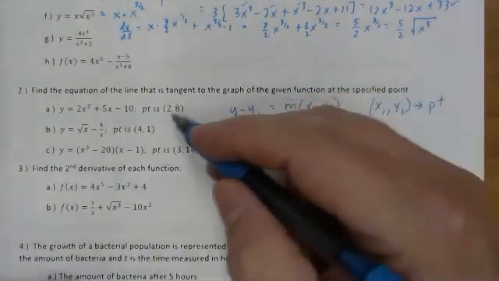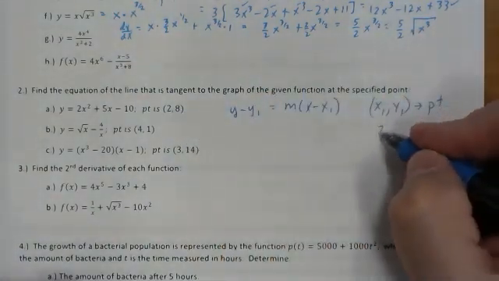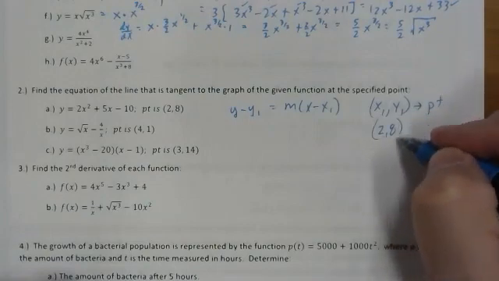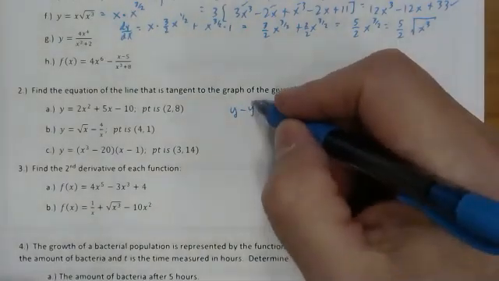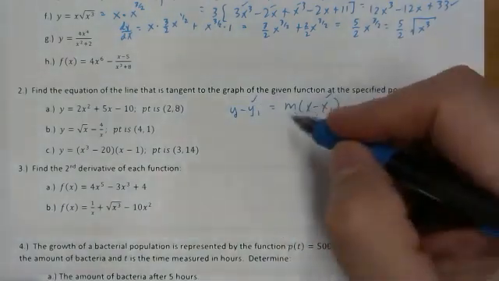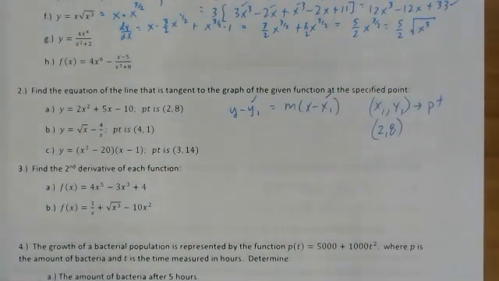So we know the point, because we're going to look at 2, 8, x is 2, y is 8. So I know my x1, y1. If I can find the slope of the tangent line at that point, then I can find the equation of the tangent line.